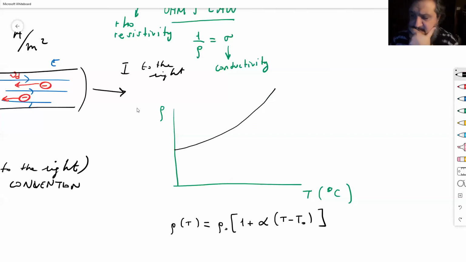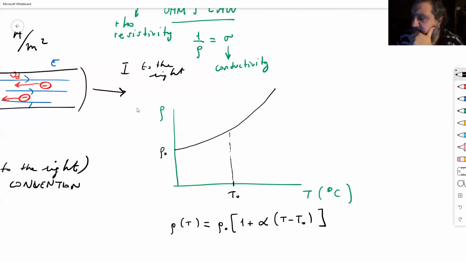And rho 0 is the value corresponding to the resistivity at T equals T0. So when T is equal to T0, rho is equal to rho 0.